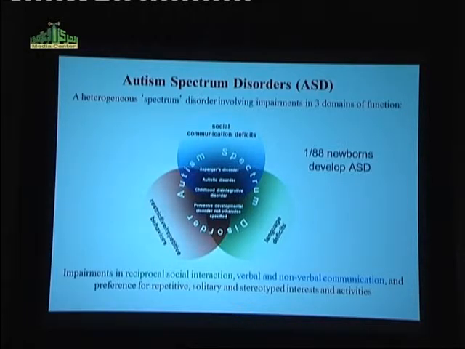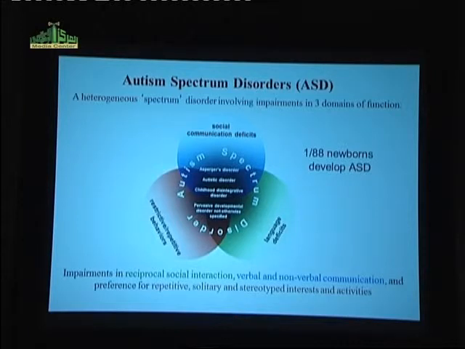In particular, there are 2 diagnostic gold standard scales that we use in assessing all of our patients. And based on the level of function, these children can be grouped into a milder form of ASD called Asperger's syndrome, autistic disorder, childhood disintegrative disorder, and at the more severe end, PDD-NOS, or pervasive developmental disorder not otherwise specified.